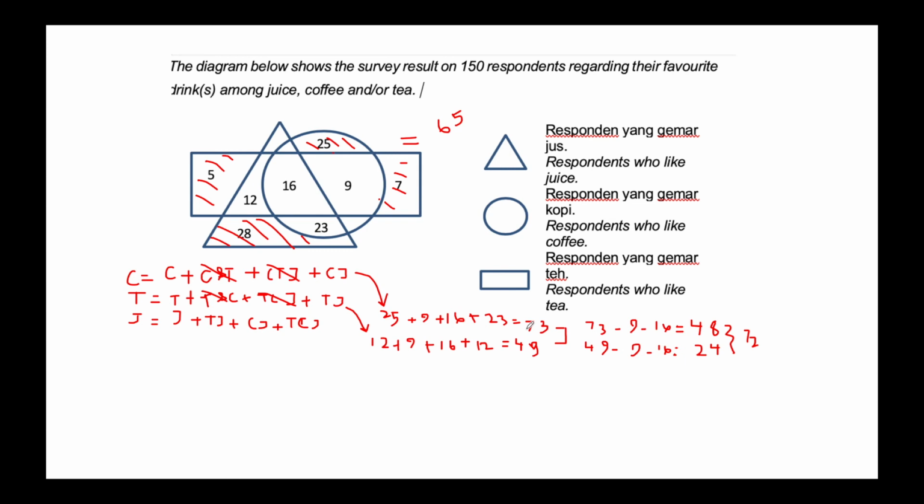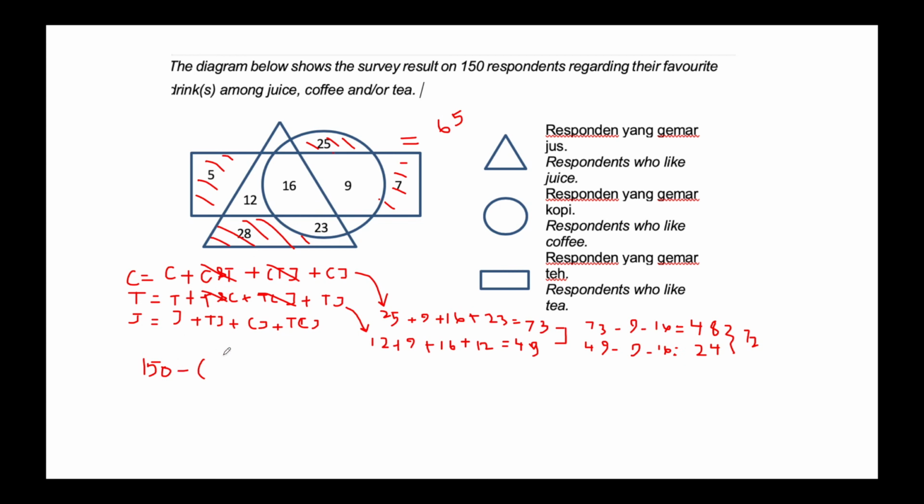So now what you have to do is, because our number of respondents is 150, 150 will be minus all the numbers here.